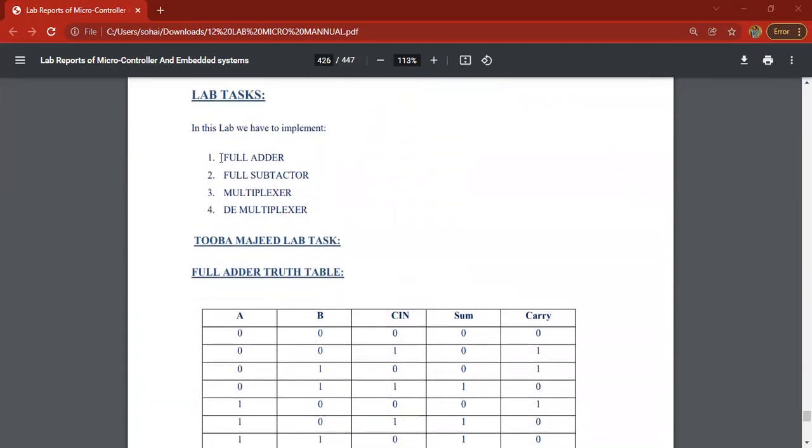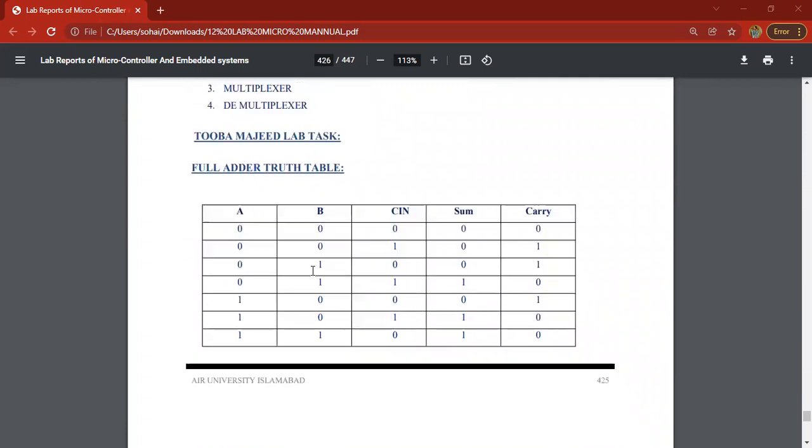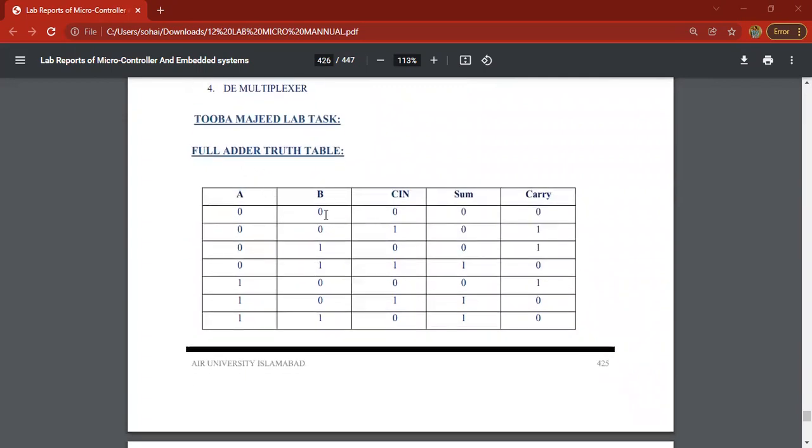This is the lab task: full adder, subtractor, mux and demux. Full adder: when A and B are both 0 and C in is 0, then sum is 0. When both are 0 and C in is 1, then sum is 1 and carry is 0. When A is 0, B is 1 and C in is 0, then sum is 1 and carry is 0.